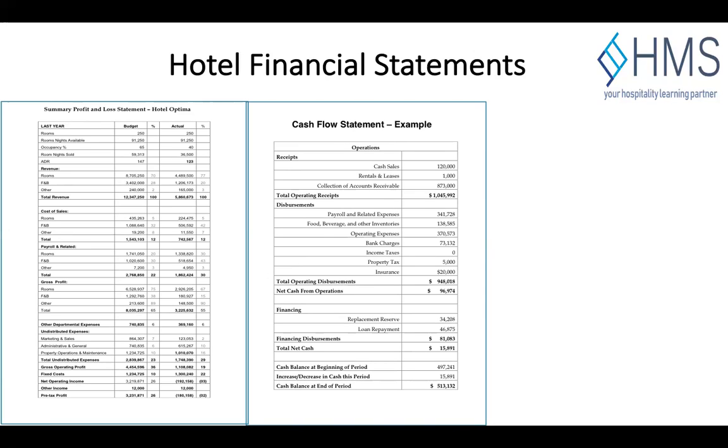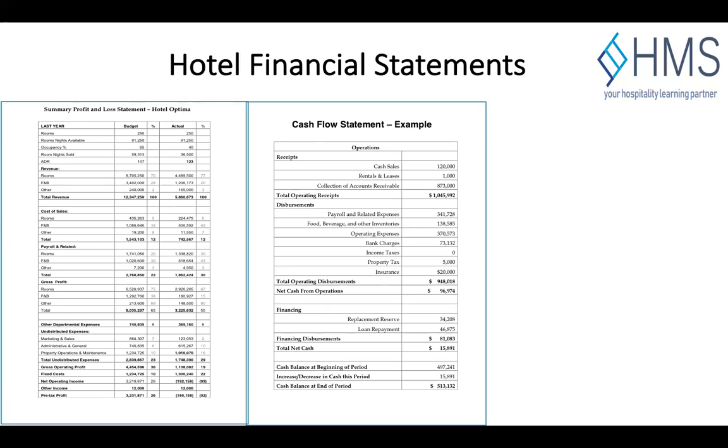Then in the end, total net cash, the cash balance at the beginning of the year, and the increase or decrease in cash during this period. Here again, there's been an increase in cash because operating receipts exceed operating disbursements and financing activities. So we are left with a total cash of this much. And cash at the end of the period is 513,132. So this is what a typical cash flow statement looks like in the context of a hotel.